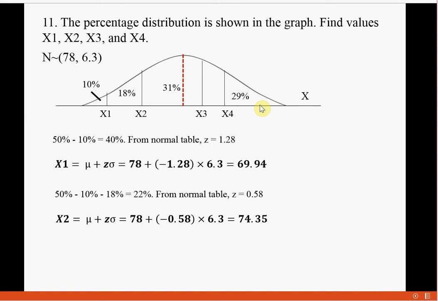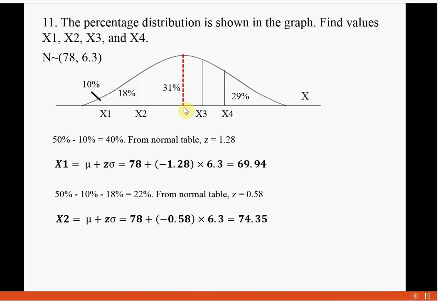Now, we know that this corner is 29%. If we know the size of this slice, we can subtract this 29%, subtract this slice from 50%, and that would give us the percentage between x3 and the mean.